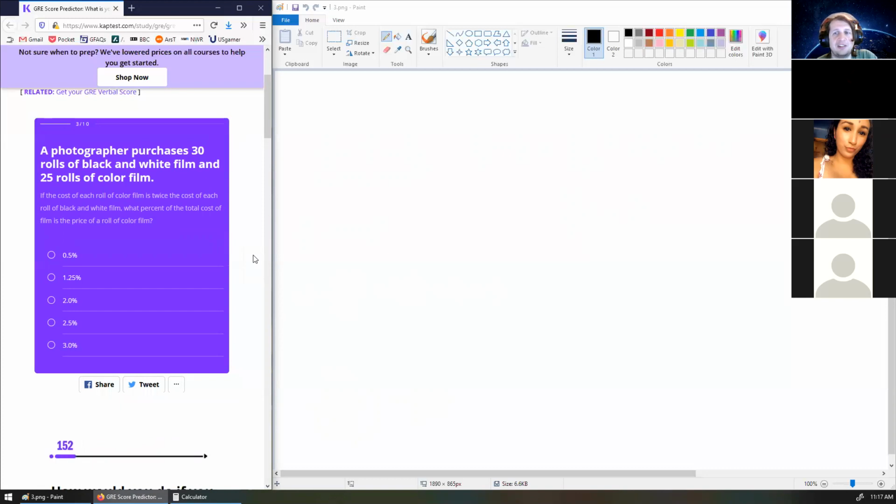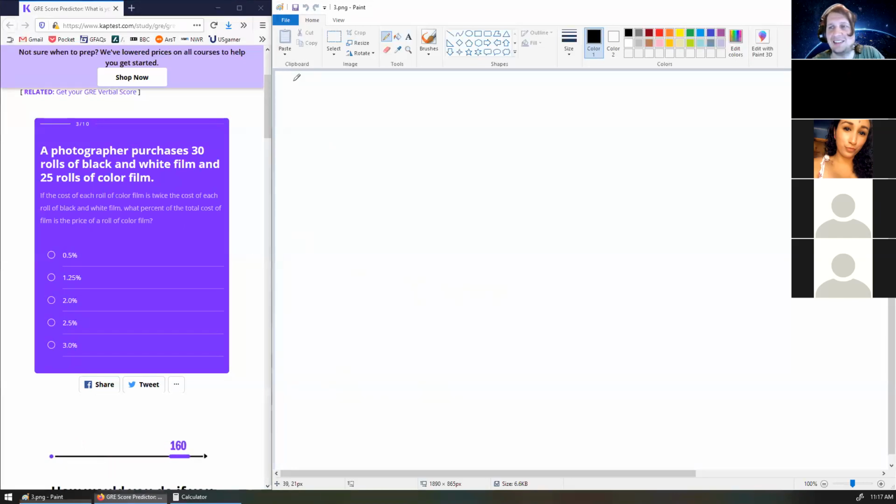If the cost of each roll of color film is twice the cost of each roll of black and white film, what percent of the total cost of film is the price of a roll of color film? It's another one of those where there are so many words, and they're all really confusing, and what is the question even asking me to find?